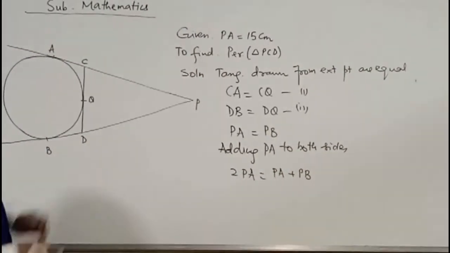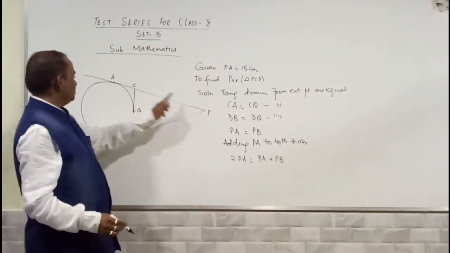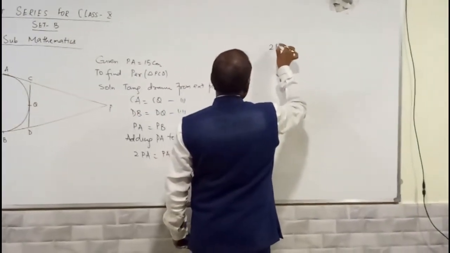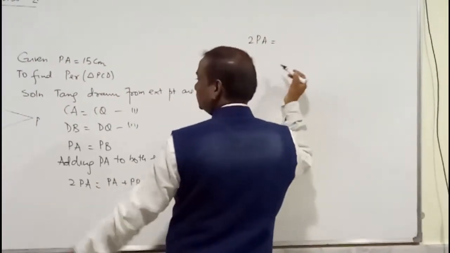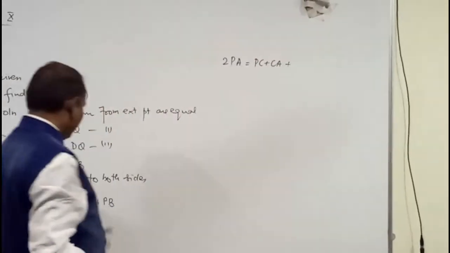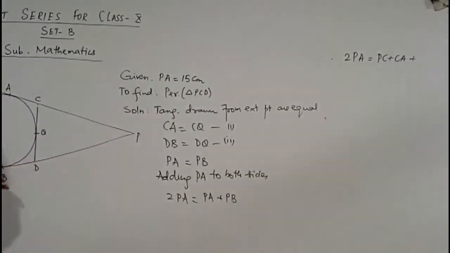Now if I go on to solve it further, PA can be split as PC plus CA, so I write this way. Therefore twice of PA is equal to PC plus CA, and PB can be split as PD plus DB.